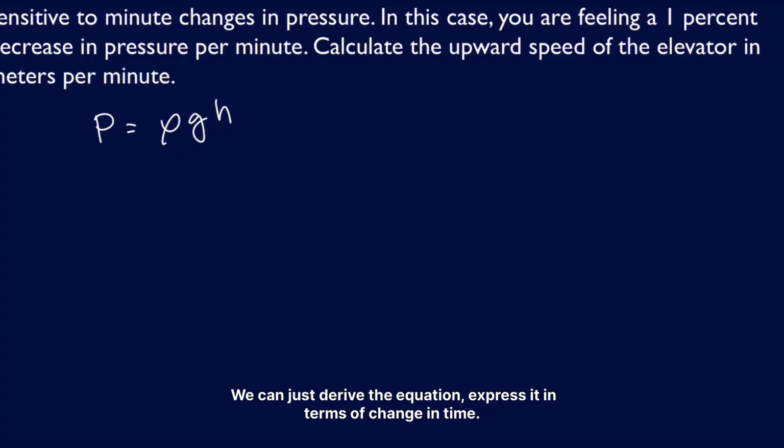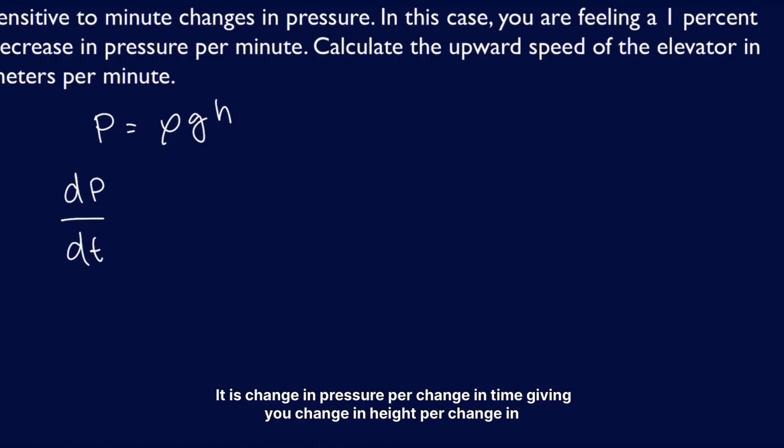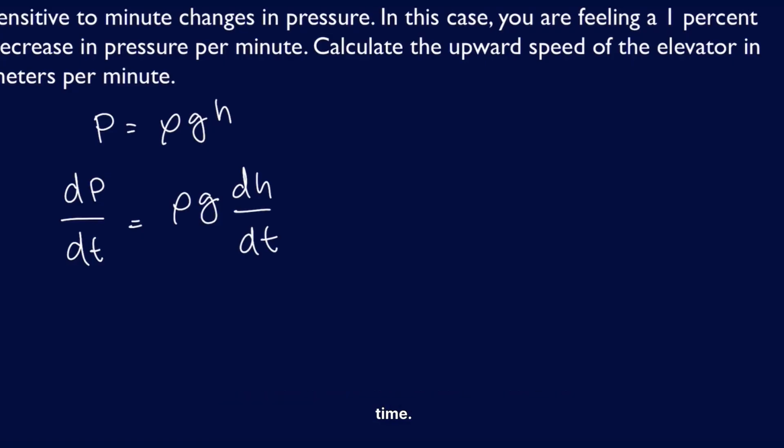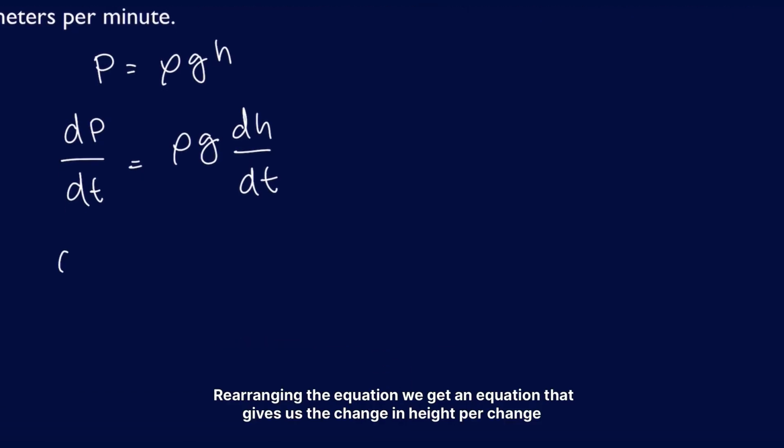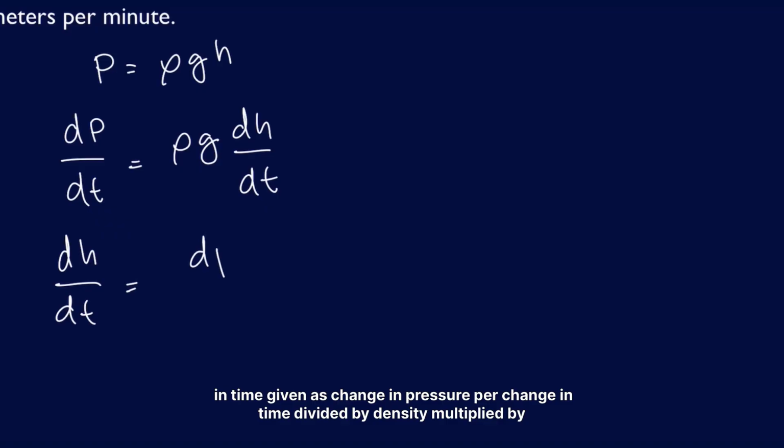We can just derive the equation, expressing it in terms of change in time. That's change in pressure per change in time, giving you change in height per change in time. Rearranging the equation, we get an equation that gives us the change in height per change in time, given as change in pressure per change in time divided by density multiplied by gravity.